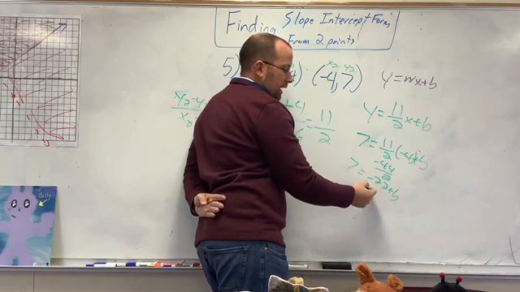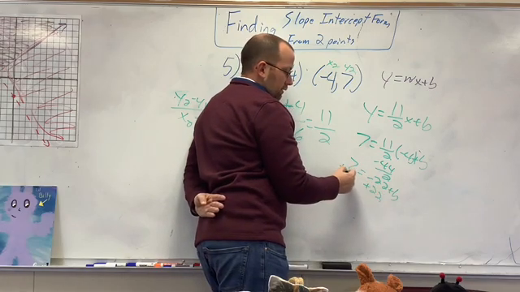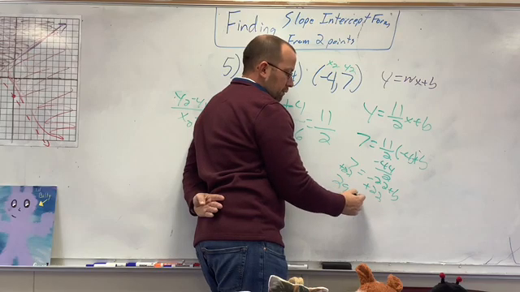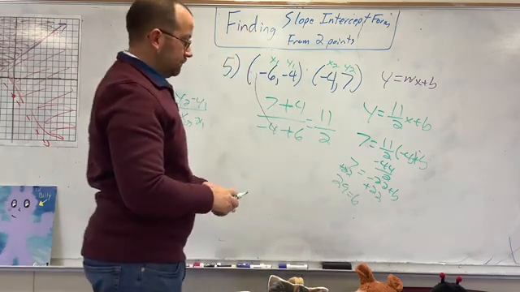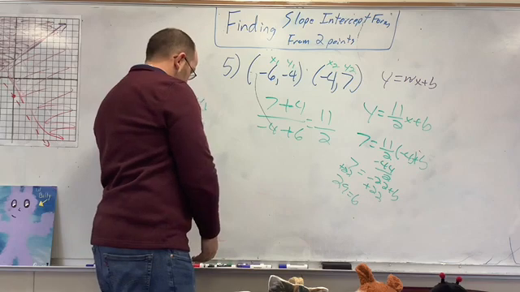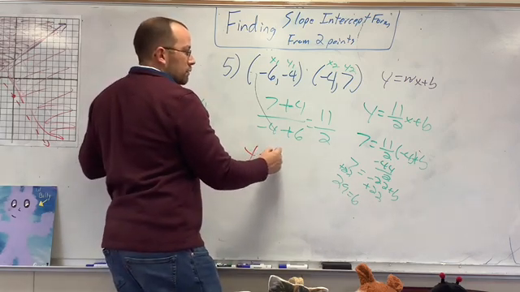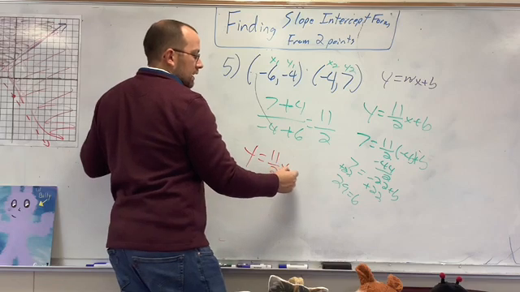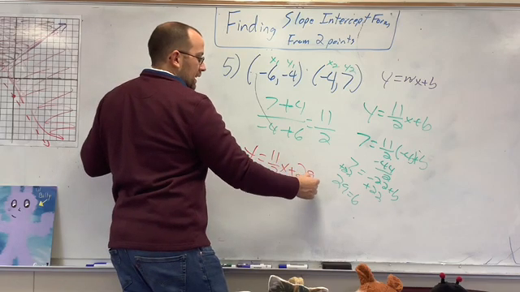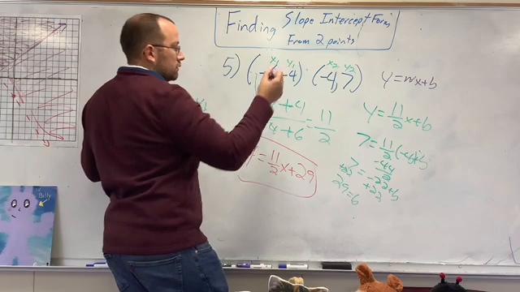And I know it's starting to go sideways, but that's all right. So 29 equals b. So my final answer is y equals 11 over 2 x plus 29. And there you go.